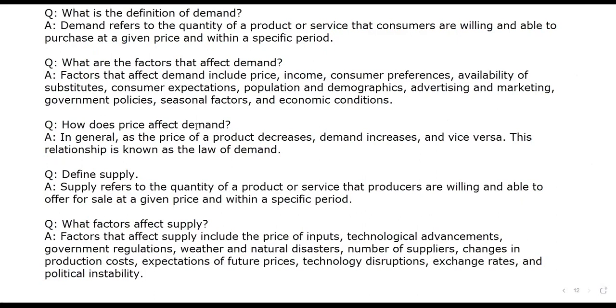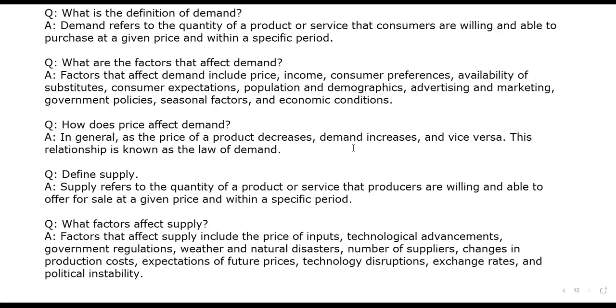We talked about price, income, consumer preferences, availability of substitutes, customer expectations, population, advertising, marketing, seasonal factors, and economic conditions. So how does price affect demand? In general, as price of a product increases, the demand decreases and vice versa. So this is called the law of demand.